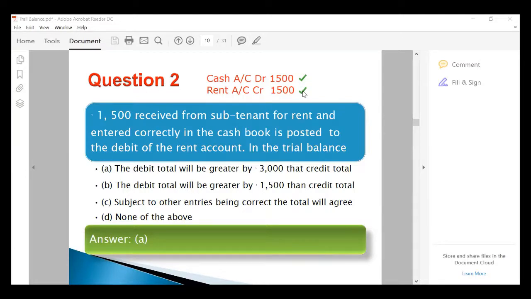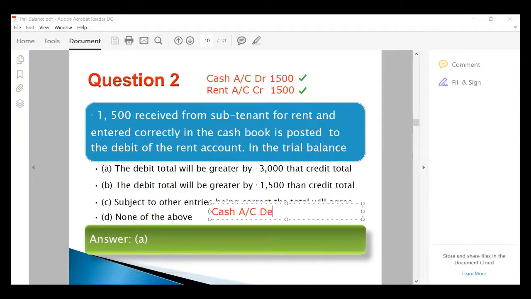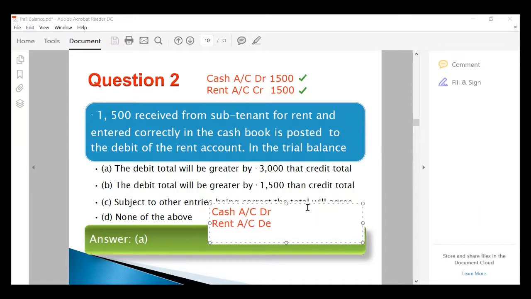But what is done here, the wrong entry which you made, I'll put it here. You debited cash account, and you have also debited rent account. So here you have debited 1500 rupees, here also you debited 1500 rupees.